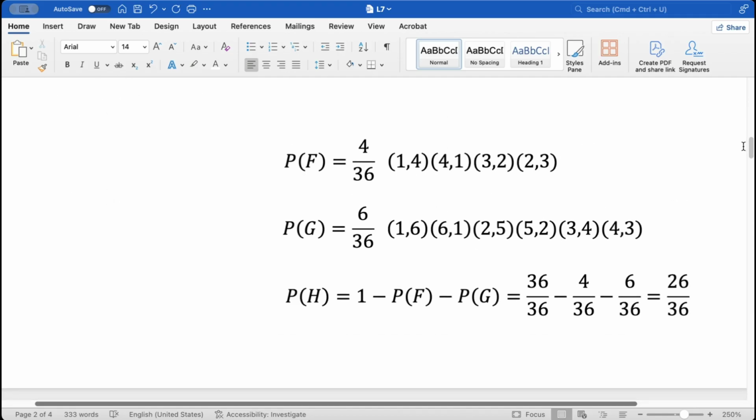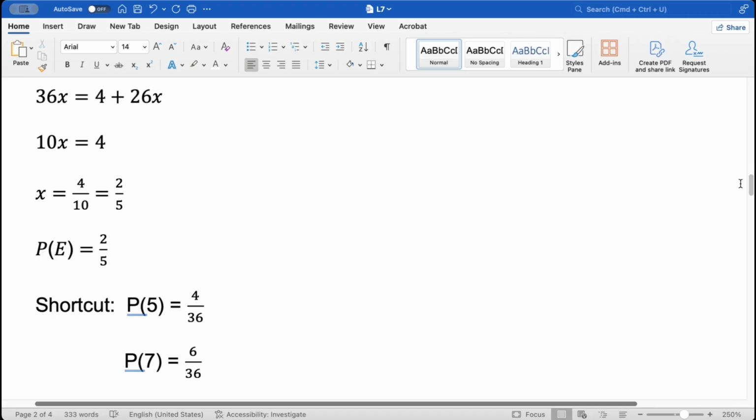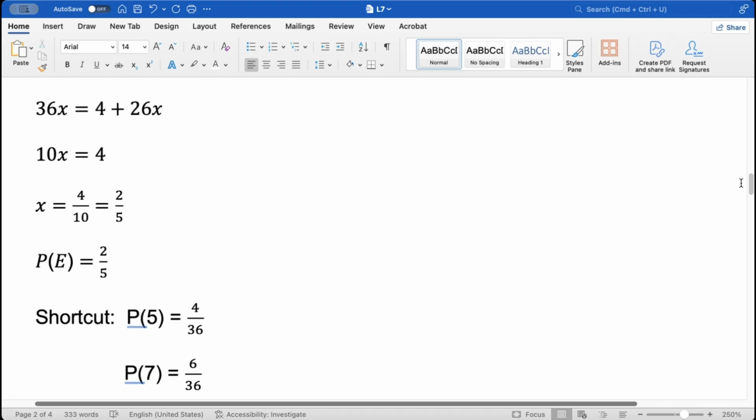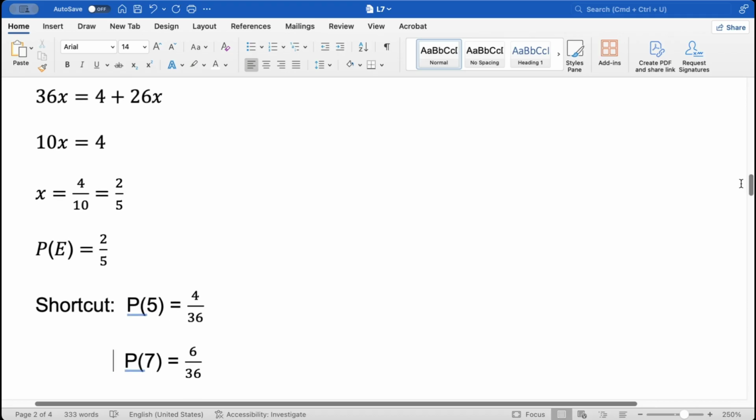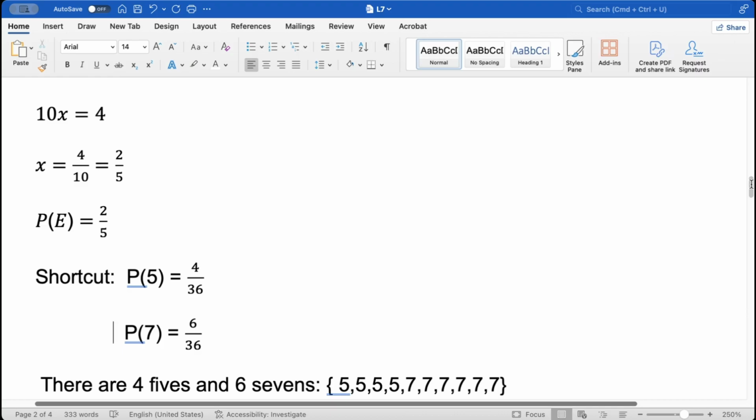We did that back here. So the idea is that we don't care about any of the other outcomes. We just want to see if the 5 occurs before the 7. So basically, we're just comparing the number of outcomes for each of those events. And so essentially what this is saying is that for every 4 copies of 5, there are 6 copies of 7. So essentially, we're just focusing on those 2 events.